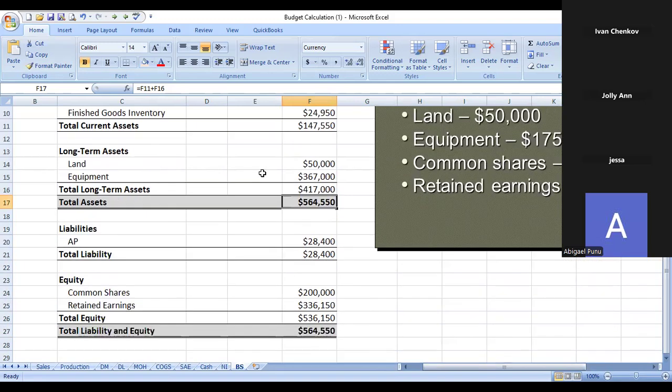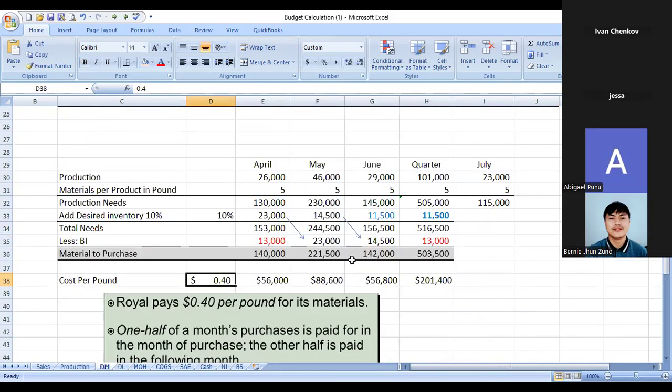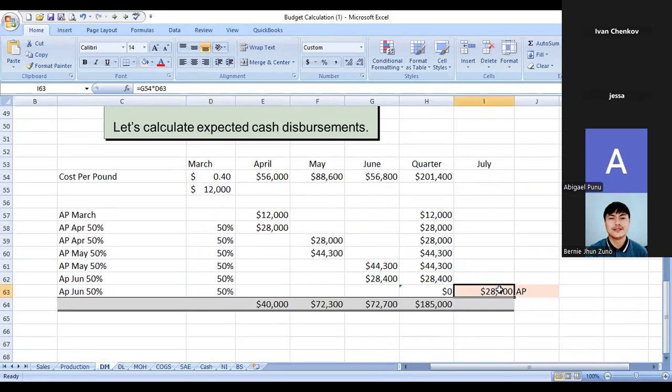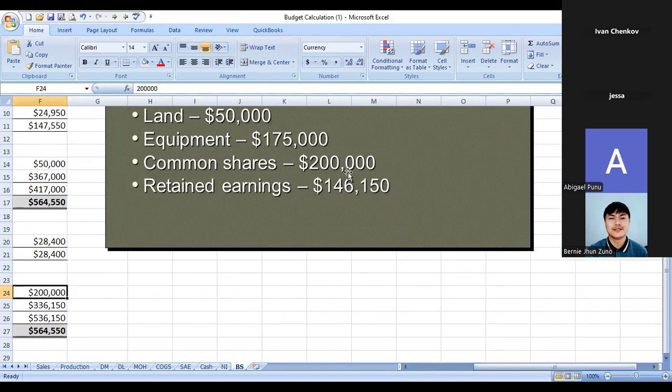No problem. So for the liabilities, we're going to get from the direct material how much we have to pay at the end of June. We have to pay outstanding 28,400. Then we're going to add the common shares from the information that we have.